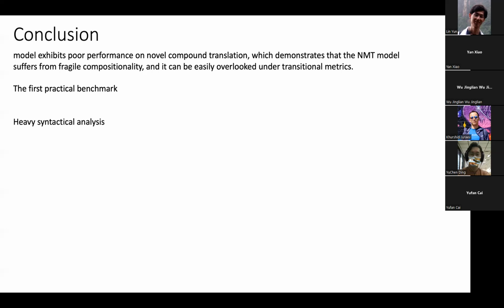The compounds are not enough, right? Here the case is that all the atoms are seen in the training data, but the compound may be unseen. That means the model has seen the training data before, but hasn't been able to generalize well. So you can use this as a fine-tuning data set.